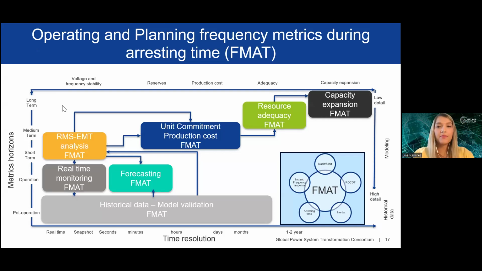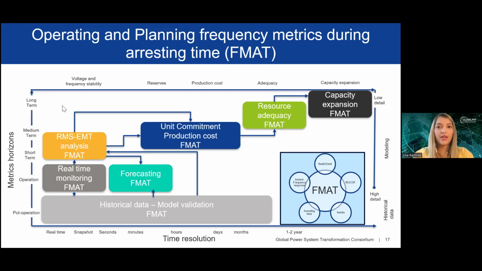So in summary, the work that we are developing in G-PST is about how to consider the response that we need in the system during the resting period, after the largest contingency, to avoid tripping load. We're thinking of a framework where we consider that response at all stages of operation and planning.